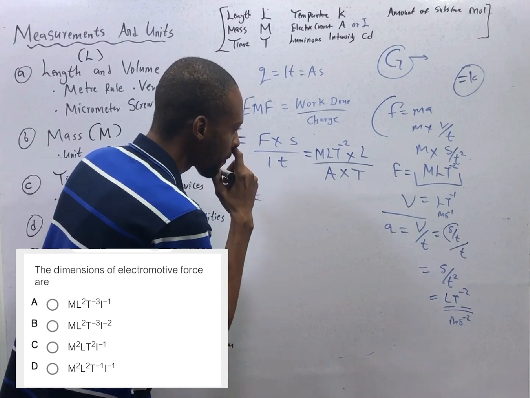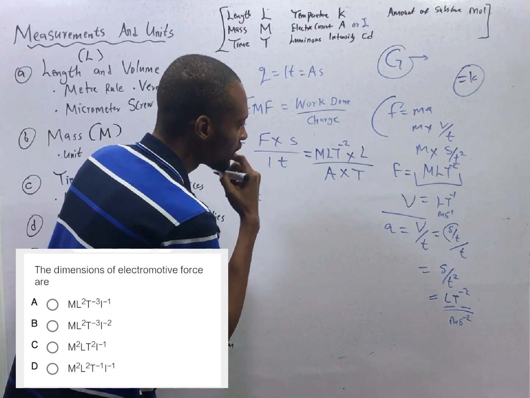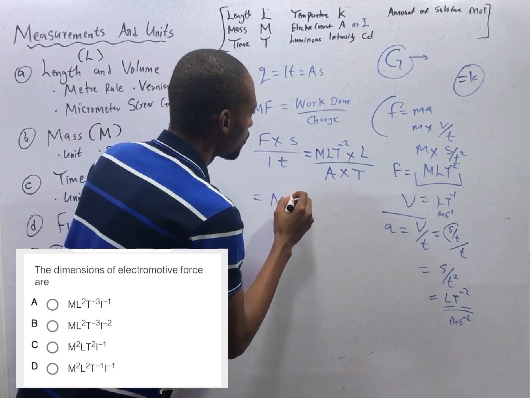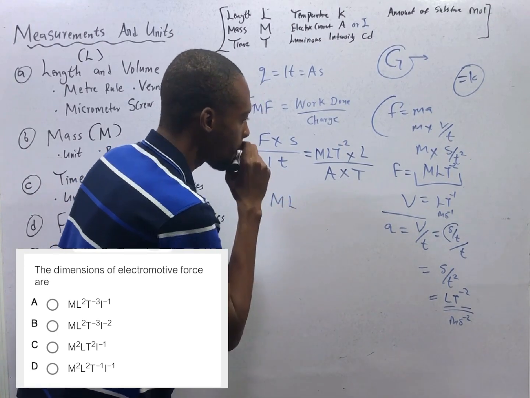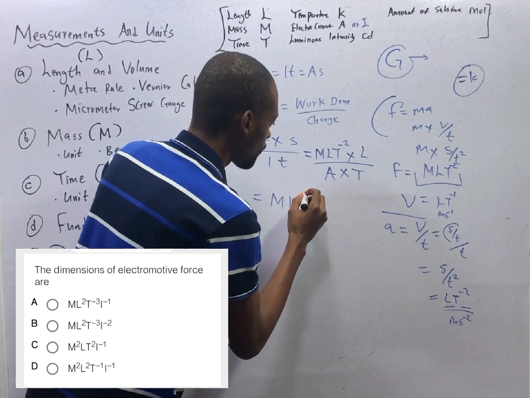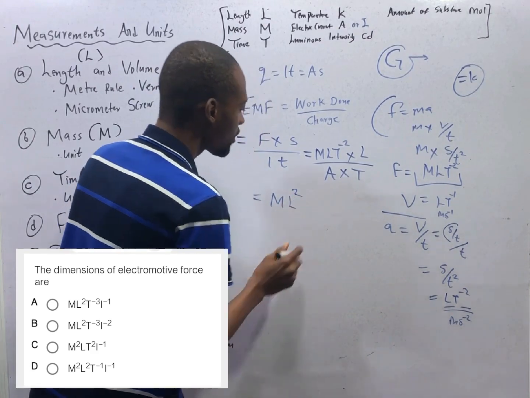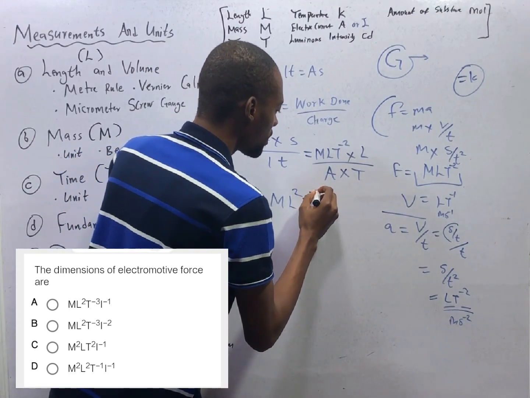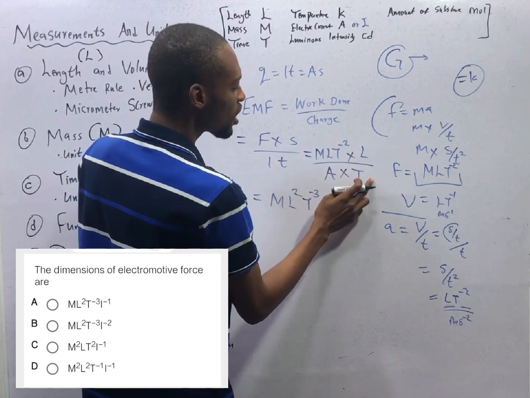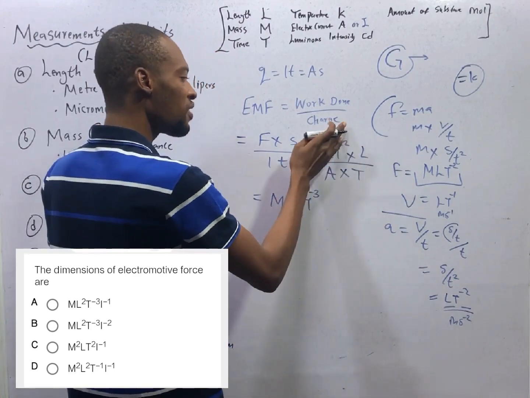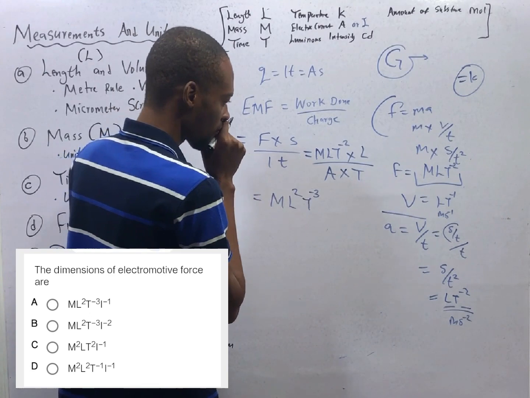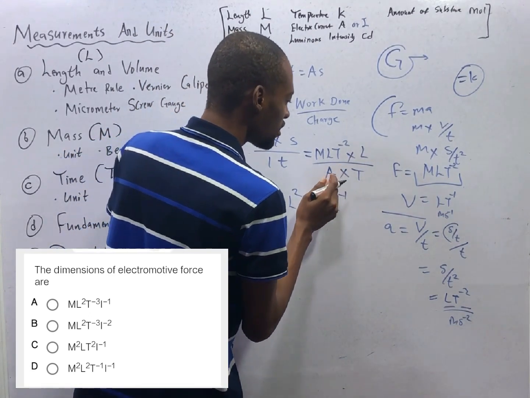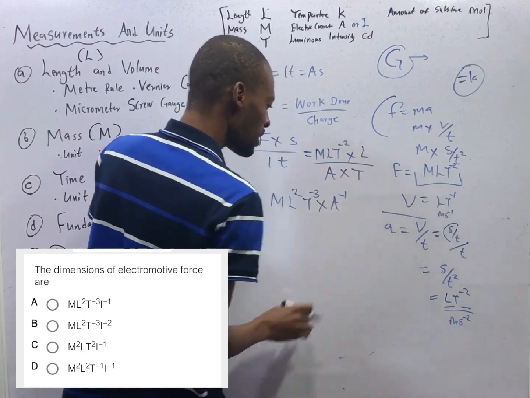This will give you M, L squared, T raised to the power of minus 3. Minus 2 here, this one goes up to become another minus 1, so everything becomes minus 3, times A raised to the power of minus 1. This goes up to become minus 1.